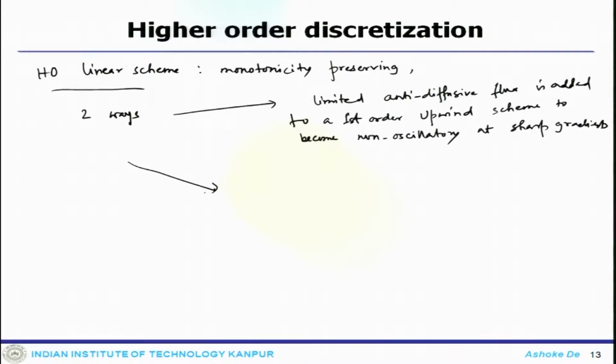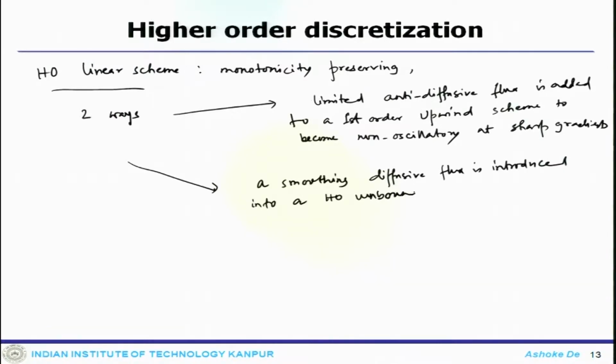The other approach: a smoothing diffusive flux is introduced into an unbounded higher order scheme.